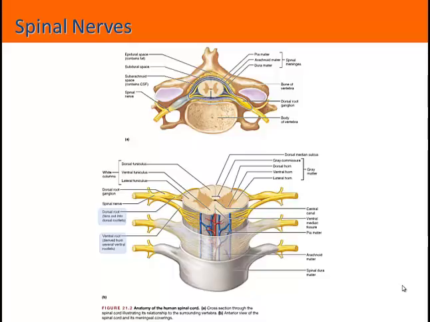The ventral root contains nerve fibers that are serving both the autonomic and the motor divisions of the peripheral nervous system. And together, those roots converge and form a spinal nerve. And so the spinal nerves are mixed nerves. And what I mean by mixed nerves is they carry both sensory and motor information.